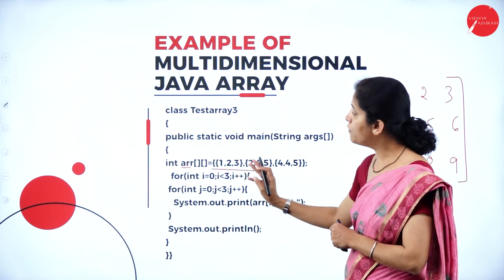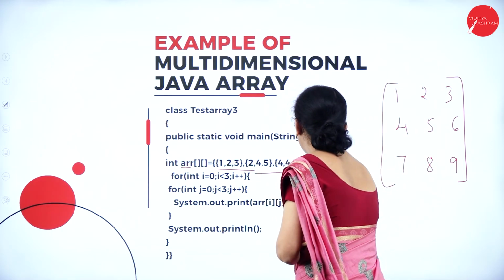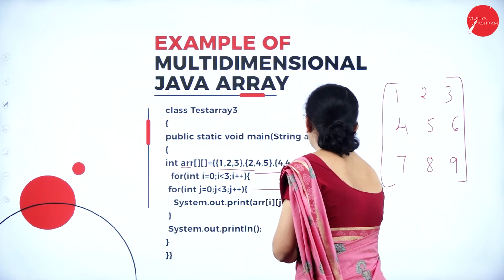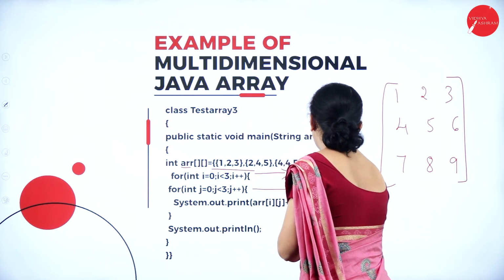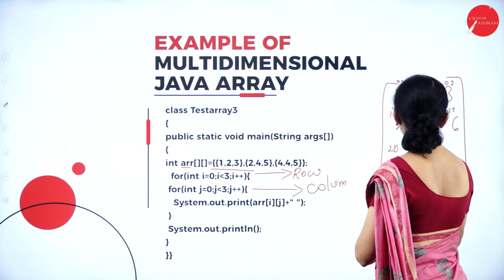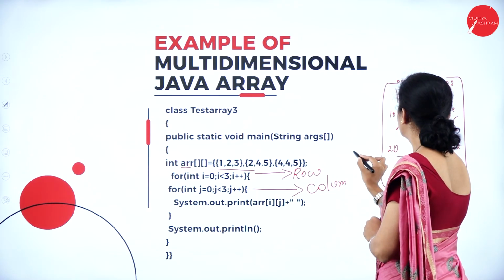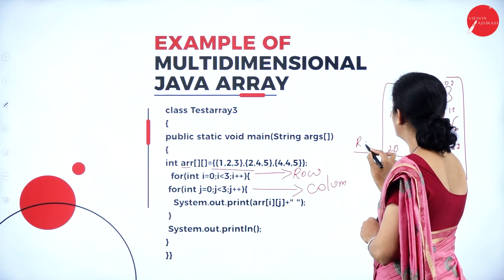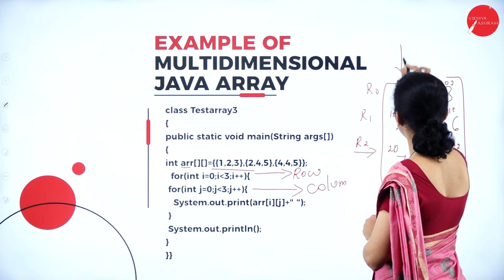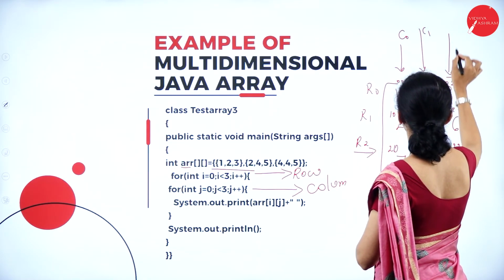So within one for loop, I'm going to have another for loop. And this outer for loop is always going to represent the row, and the inner for loop is always going to represent the column. It is 2, 0, 2, 1, 2, 2. So here 2 is nothing but row 2, row 1, and row 0. This is column 0, column 1, and column 2.